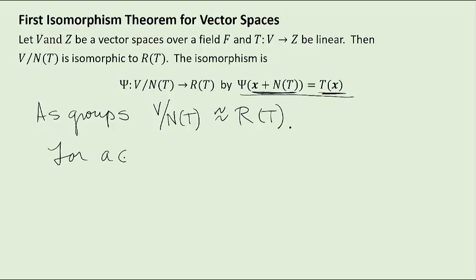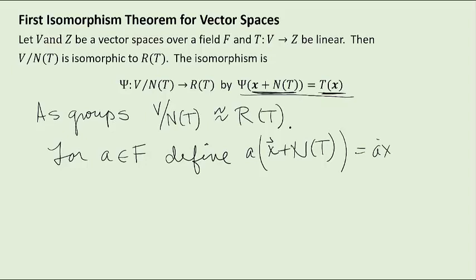For a in our field F, the field over V, we define a times one of the cosets, x plus N(T), as the coset ax plus N(T). Defining scalar multiplication that way makes V mod N(T) into a vector space, as we've already seen, and it is isomorphic to the range of T, which we proved when we studied groups.